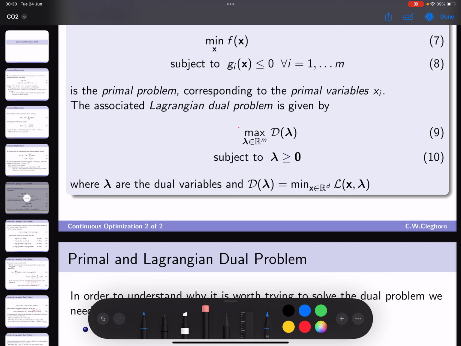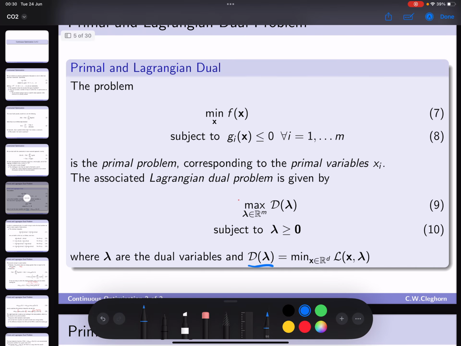Okay, and so here the lambdas are the dual variables, and importantly, the definition of this dual function d of lambda is that it is our Lagrangian where we've already minimized over x. So I'm going to take my original Lagrangian and minimize with respect to x first. Because I've now minimized over x, those are fixed.